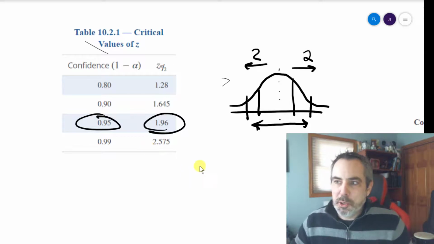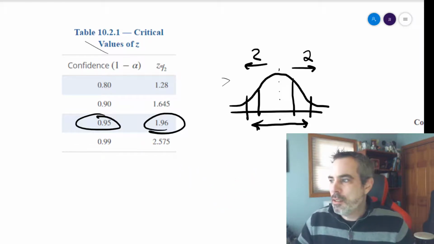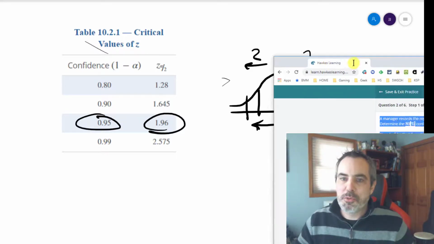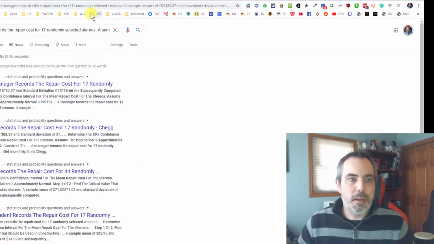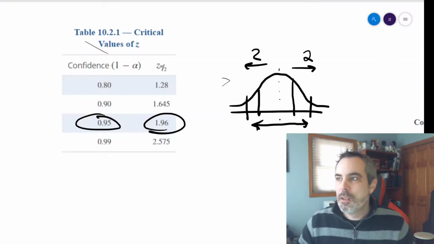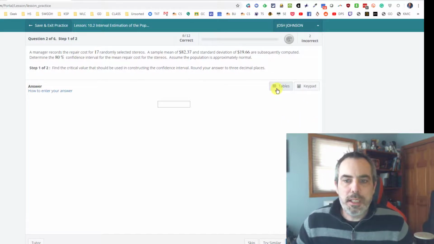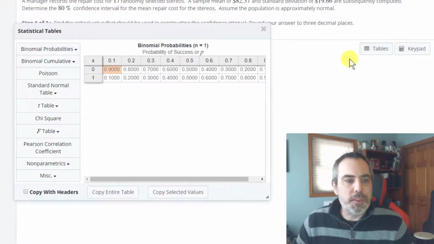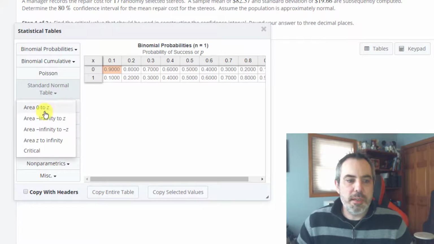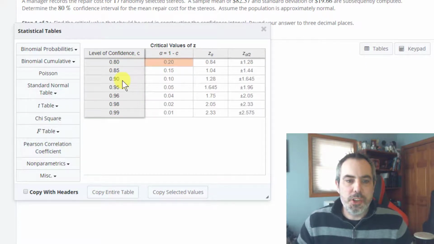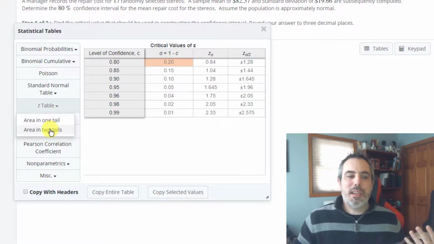Now, a t-distribution is a little bit more complicated. I'm going to show a table of a t-distribution that actually comes from the Hawkes Learning site. So in here we've got some tables. You'll see that they have the standard normal table, critical values. It shows a little bit more than the picture I just showed, but it also has a t-table, in this case in 2 tails.